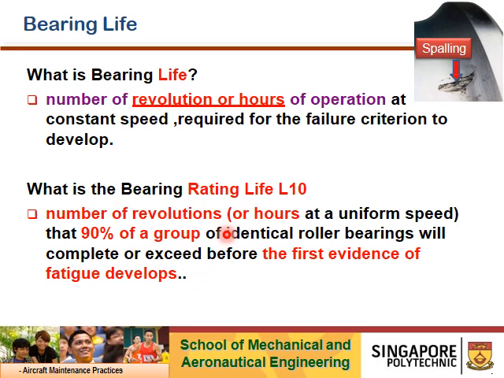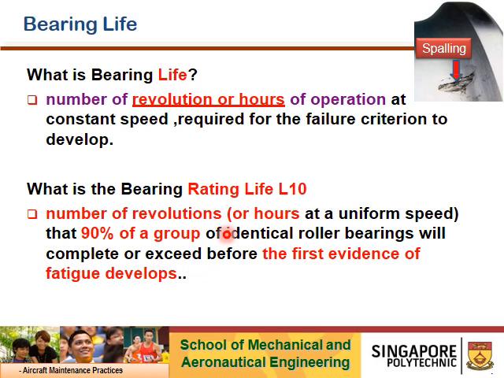For example, this particular bearing manufacturer, in order to know the reliability of the bearings they manufacture, does a lab test on 10 bearings. All 10 bearings are set at a similar condition, uniform speed, and similar loading, maybe axial or radial loading, and they rotate at 1 million revolutions.